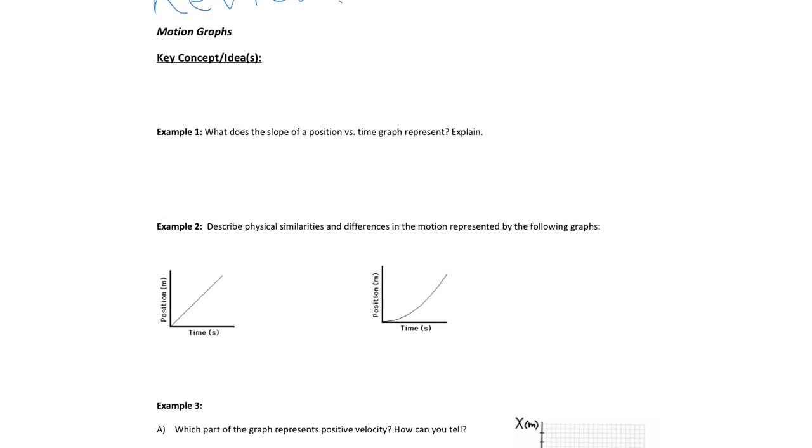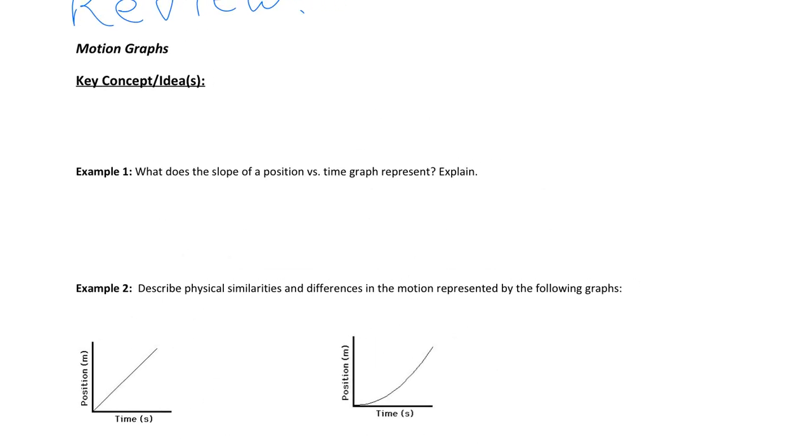So here's just a review. What does the slope of a d versus t graph represent? This would be position. I'm going to just say d versus t, okay?